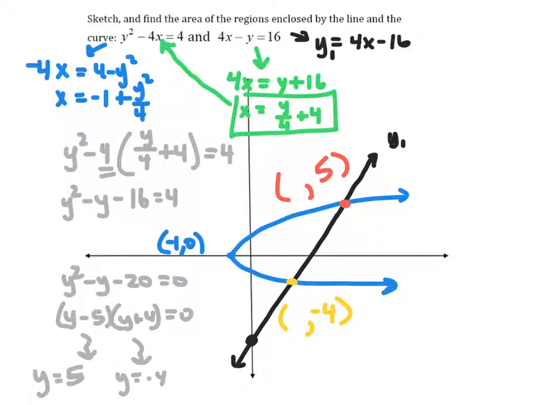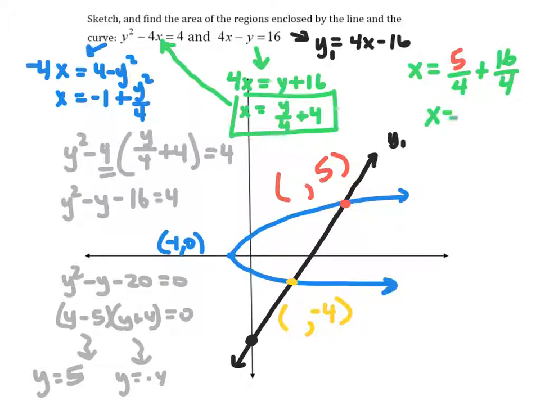Okay, so let's plug in y equals 5. Okay, so this will be our red value. If I plug in y equals 5, I get 5 over 4 plus 4, which is equivalent to 16 over 4.